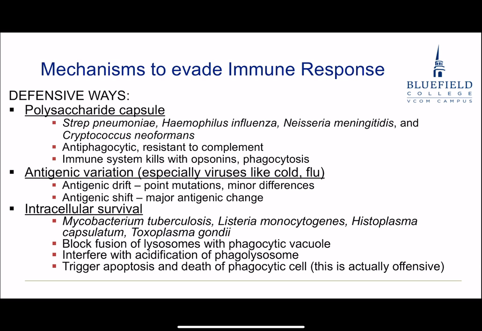Why didn't last year's flu shot work this year? It's because the flu virus is really good at changing the epitopes on its surface. So whatever humoral immune response you had last year in response to the vaccine isn't going to work this year because the flu virus has changed.